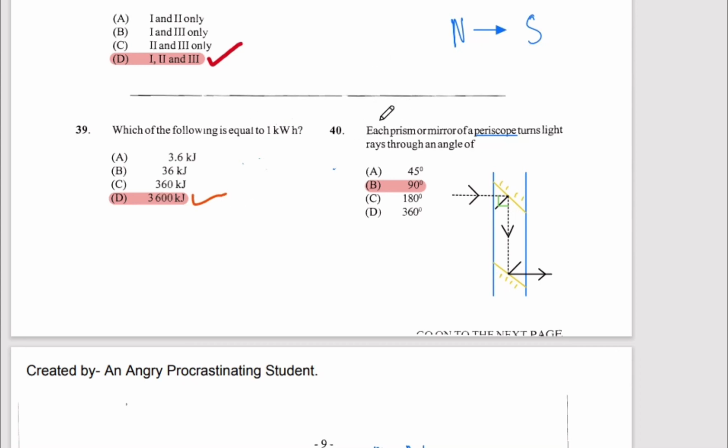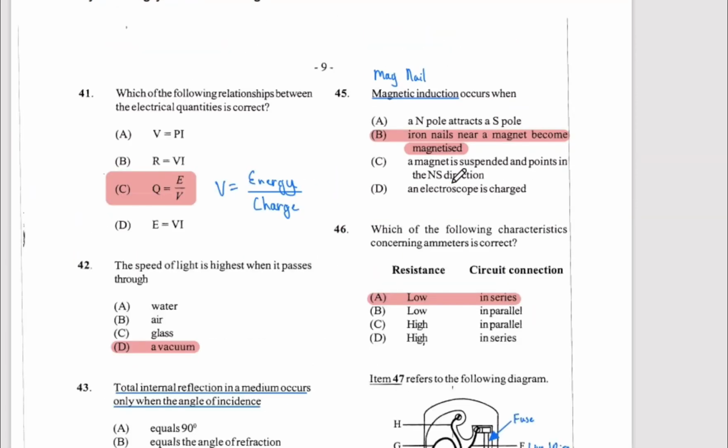Question 40. Each prism or mirror of a periscope turns light rays through an angle of, and it turns through an angle of 90 degrees. Okay, question 41 says, which of the following relationships between electrical quantities is correct?